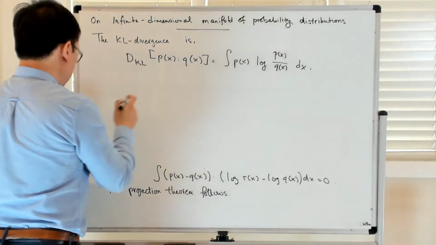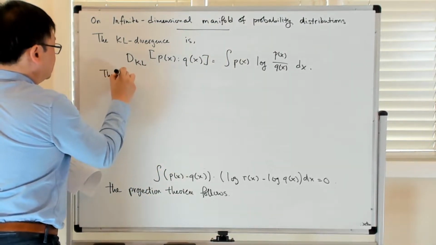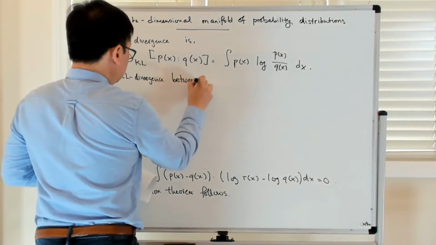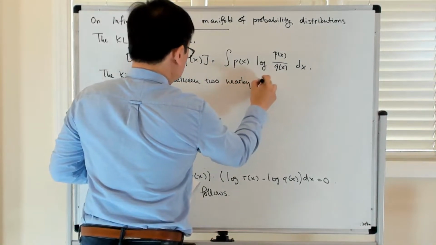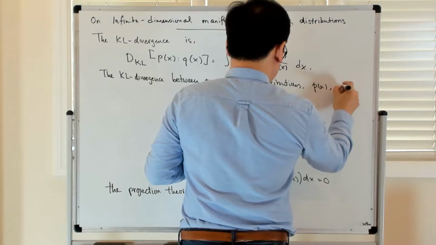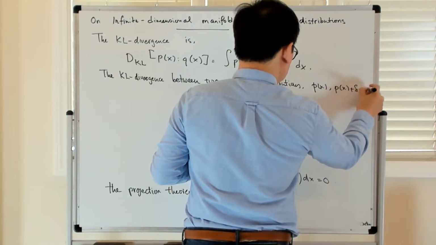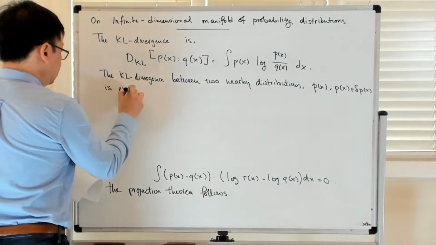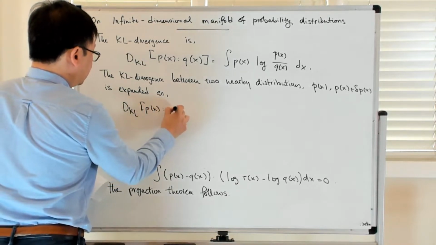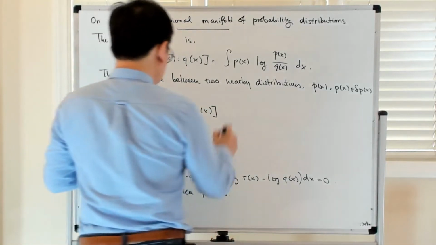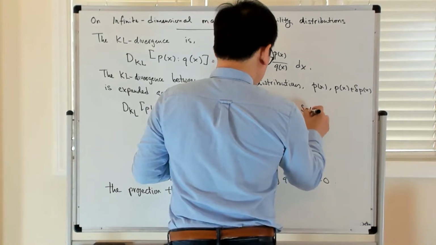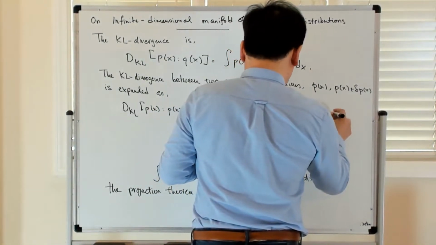So the KL divergence between two nearby distributions, p of x and p of x plus delta p of x, is expanded as: dKL from p of x to p of x plus delta p of x is equal to the integral of p of x log 1 minus delta p of x divided by p of x dx.